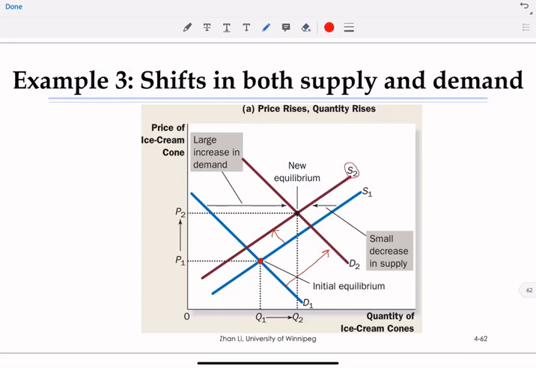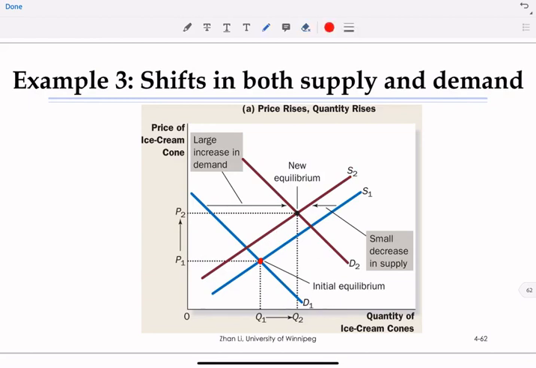If you compare the shifted distance of the demand curve versus the shifted distance of the supply curve, you can see that the demand curve has shifted a lot, and there is only a very small shift in the supply curve. So this is precisely the reason why we could see an increase in quantity and an increase in price. Now let's see a different case.